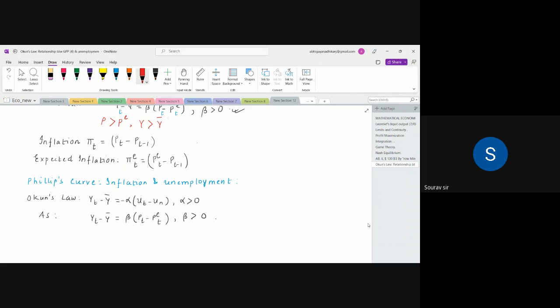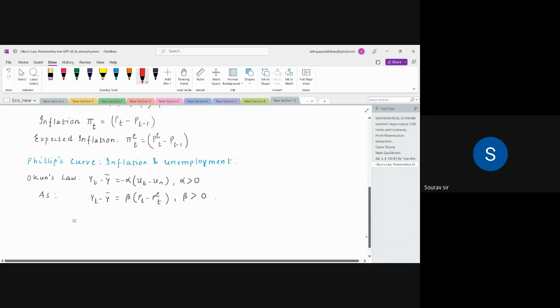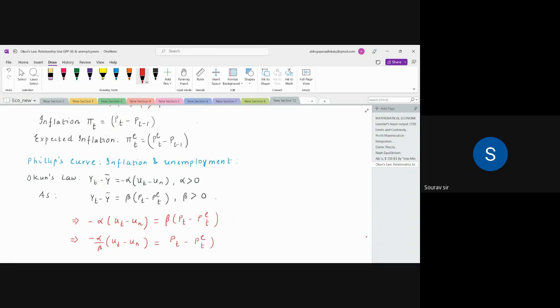From these two equations, can I write minus alpha times ut minus un equals beta times pt minus pt expected? Possible? Bringing the beta down, minus alpha by beta times ut minus un equals pt minus pt expected.